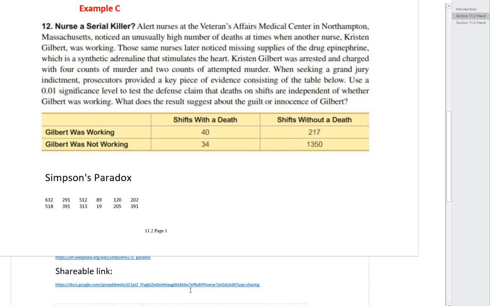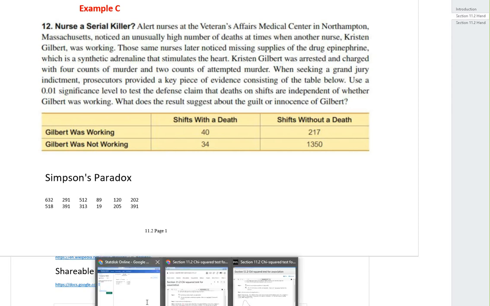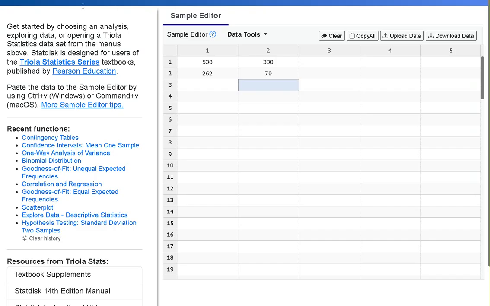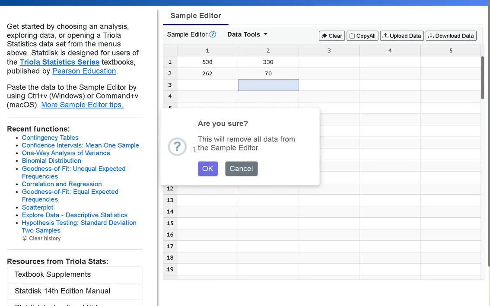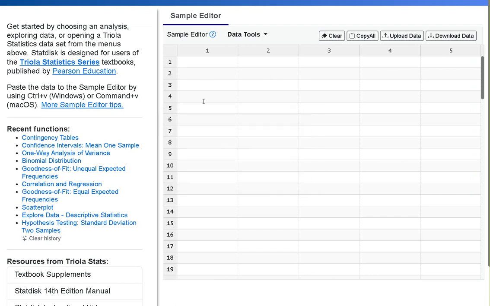Okay, let's put that in. Let's clear out all the old data and type in 40, 34, 217, and 1350. Okay.